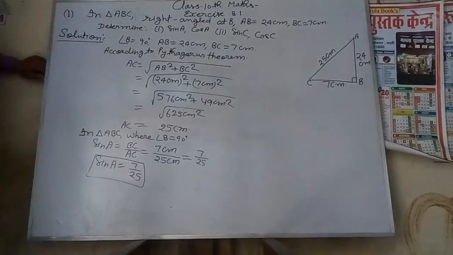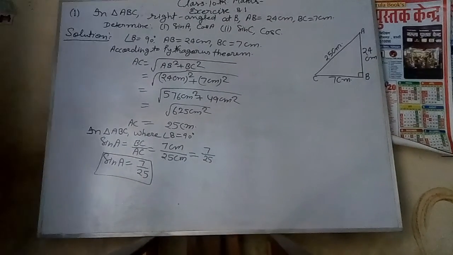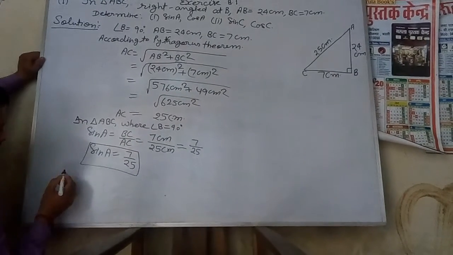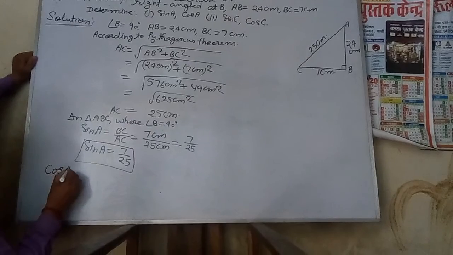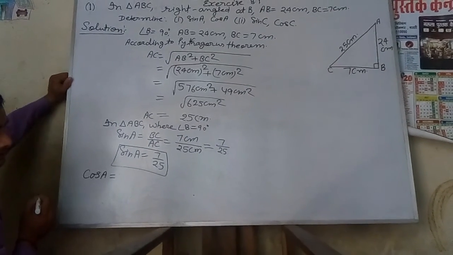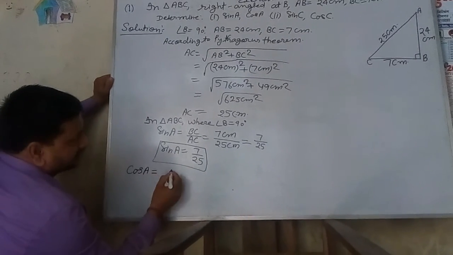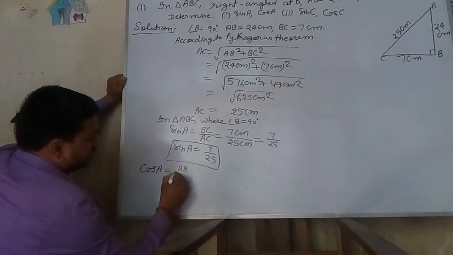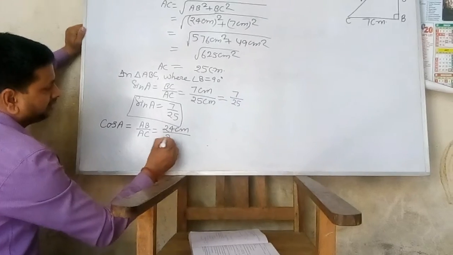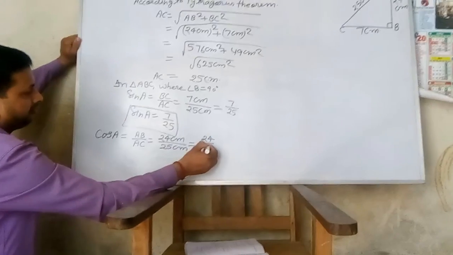It is the value of sine A, means sine of angle A, and cos of angle A, cos A equal to, for cos of angle A, AB is base or adjacent side, means AB upon AC equal to 24 centimeter upon 25 centimeter, which becomes 24 by 25.